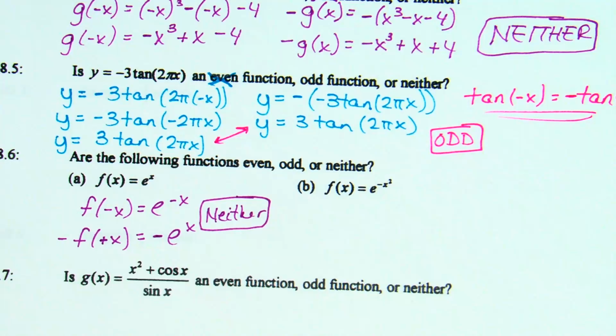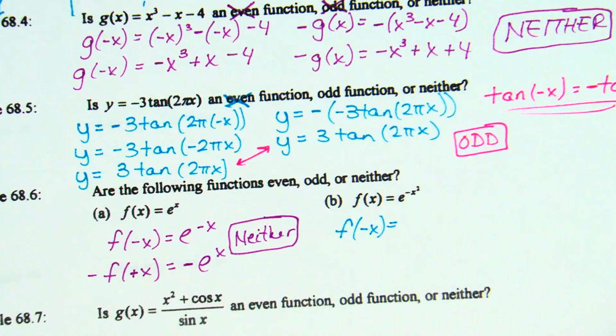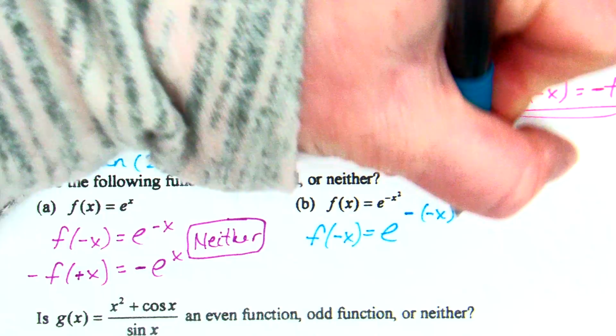Okay. B. F of x is e to the negative x squared, so f of negative x. That means I'm putting negative x in place of x. So it's already the negative of x squared. So it's going to be the negative of negative x quantity squared. What is negative x quantity squared?